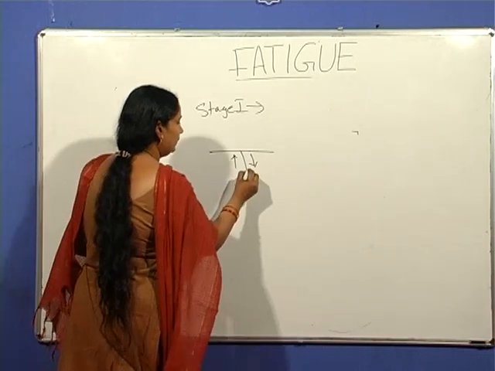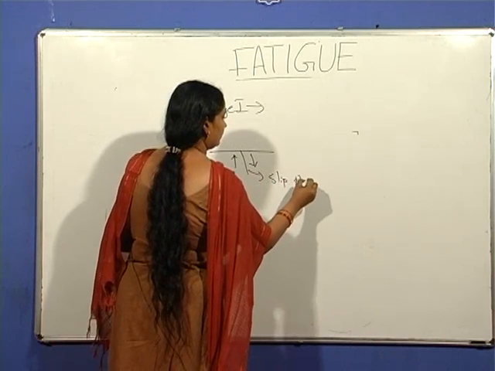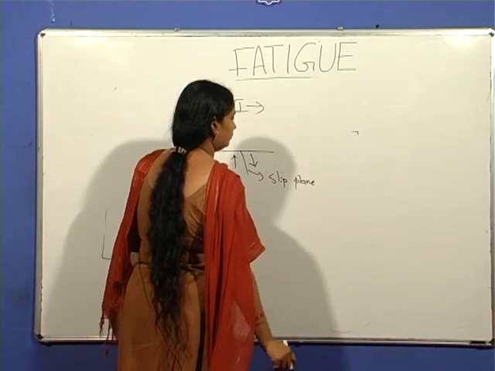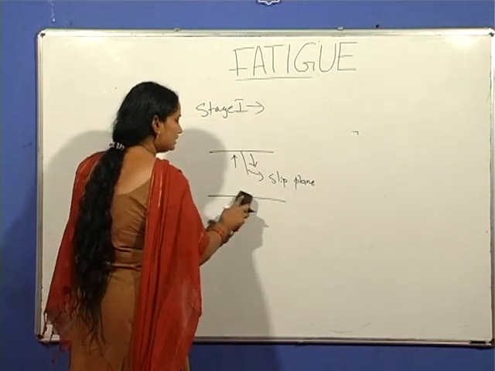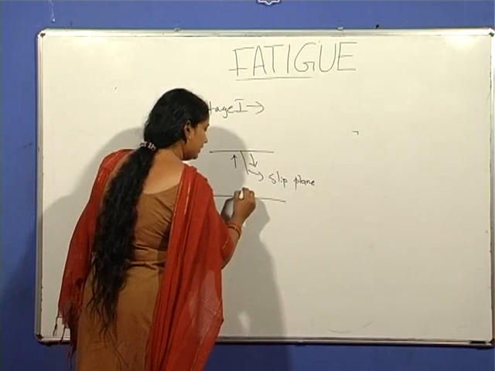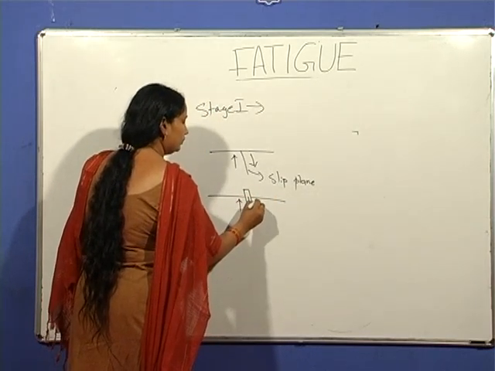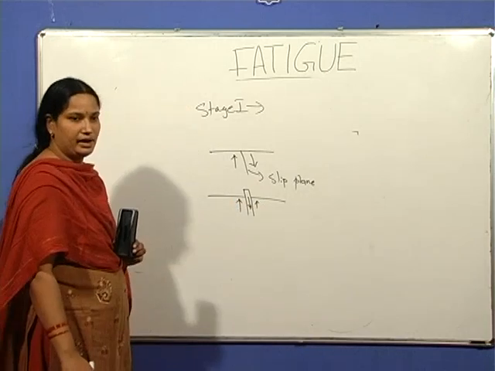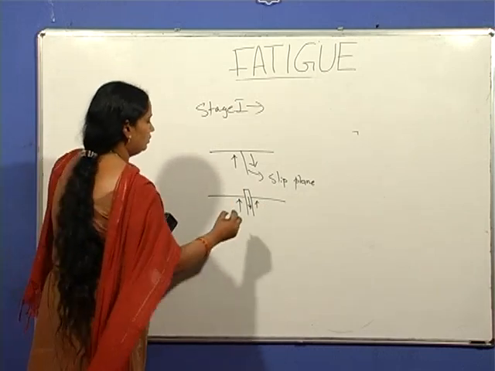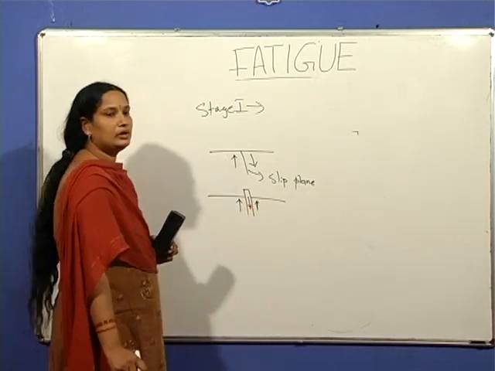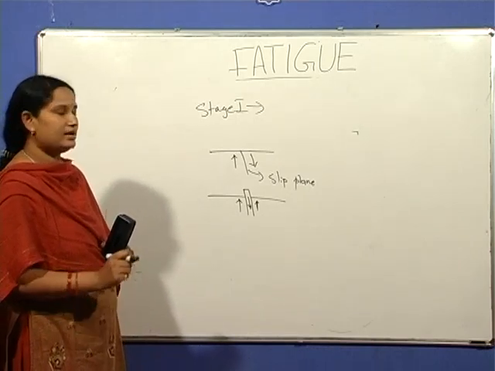So this is the slip plane. Due to the back and forth movements, it leads to intrusions and extrusions. So this back and forth movement leads to an extrusion. So the crack nucleates, initiates at these intrusions and extrusions.